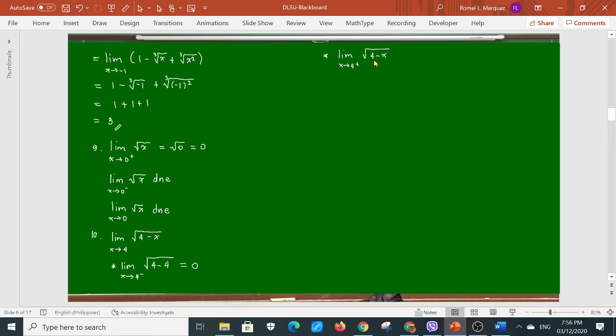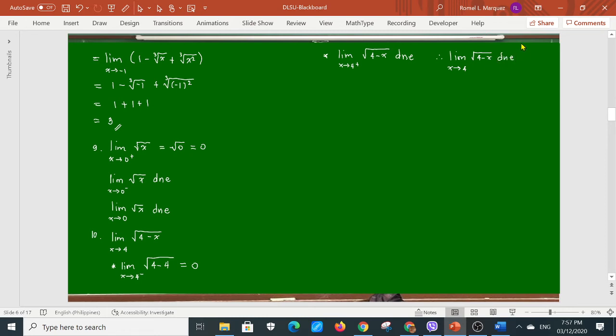But it is greater than 4. 4 minus greater than 4 is going to be 0 through negative values. Square root of a negative is not a real number. Therefore, the limit does not exist. Therefore, the limit as x approaches 4 of square root of 4 minus x does not exist.